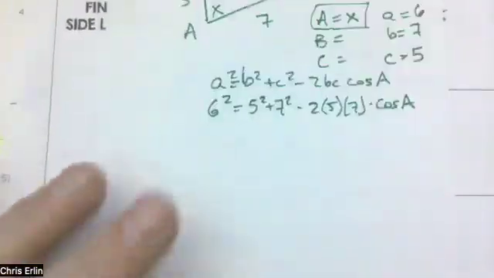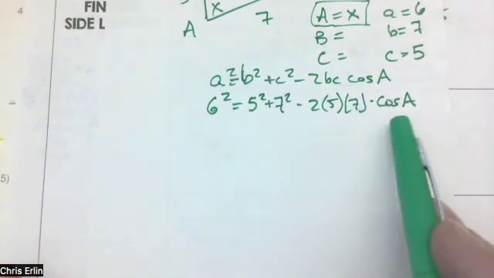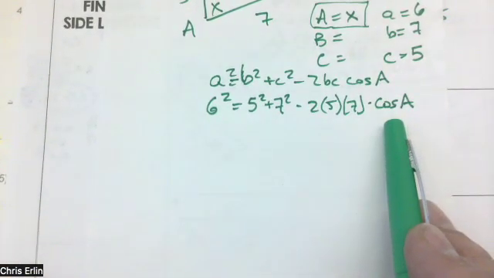Okay, let's go back to this. I want to solve for cosine A. What do I do first?